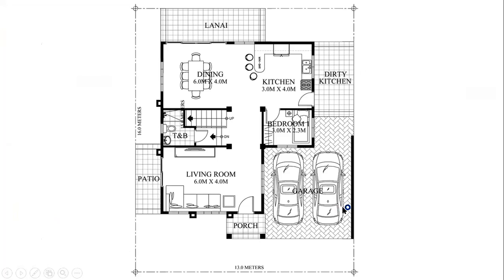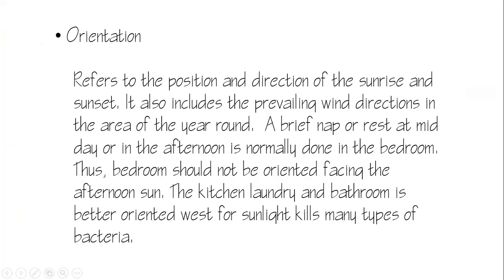So, another consideration is the orientation. This refers to the solar orientation and wind orientation as well. So, it refers to the position, direction of the sunrise and sunset. It also includes the prevailing wind directions. Are you familiar with the prevailing winds?